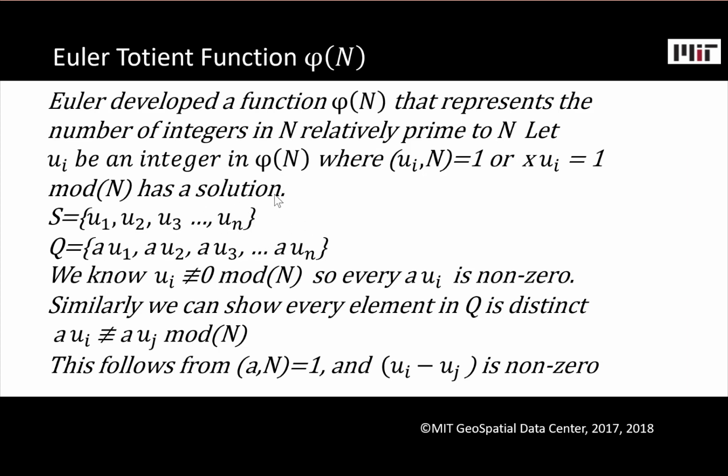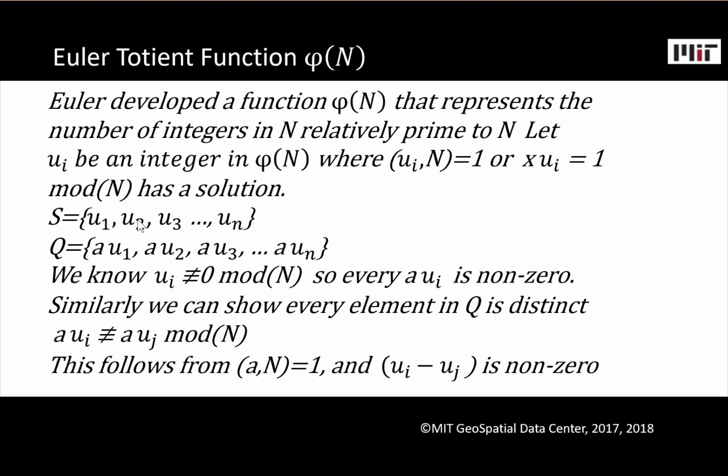Now we can play the same game with these numbers that are relatively prime to n. So let's call them S again. So we have u1, u2, up to u little n, but that may be much smaller than big N. Okay, as we saw in the case of n equals 12, there were only 4.